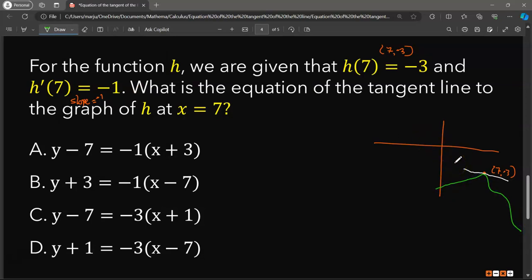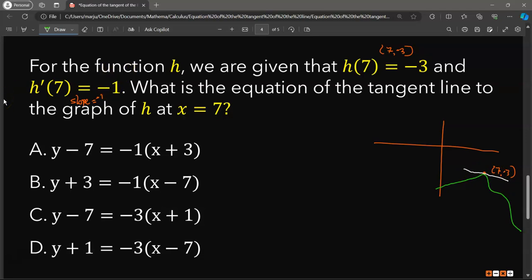So maybe that could be our graph. We don't really know the equation of our graph here. All we know is that the line tangent to the graph has a slope of negative 1.